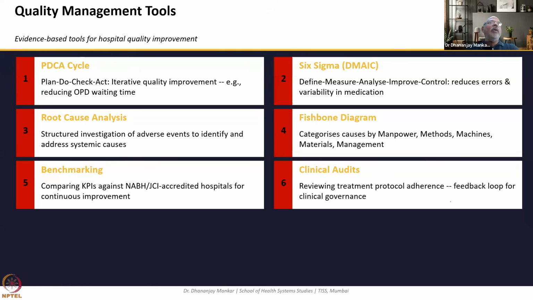Now comes the major important issue of quality, benchmarking. Comparing the key performance indicators that we have pointed out that we should improve, or whether indicators are to be augmented or added with respect to achieving the NABH requirements or JCI, which is a little more promising.